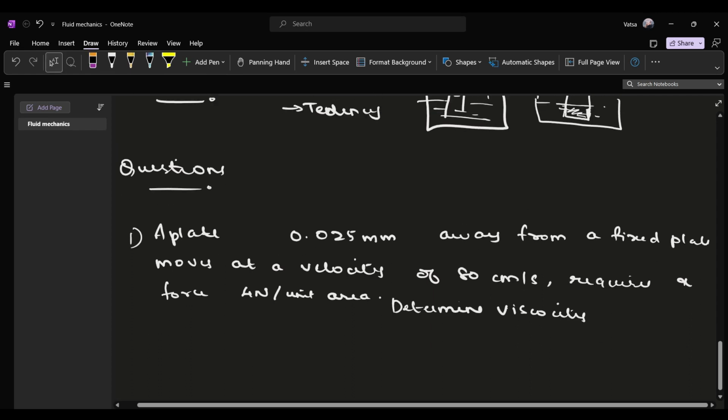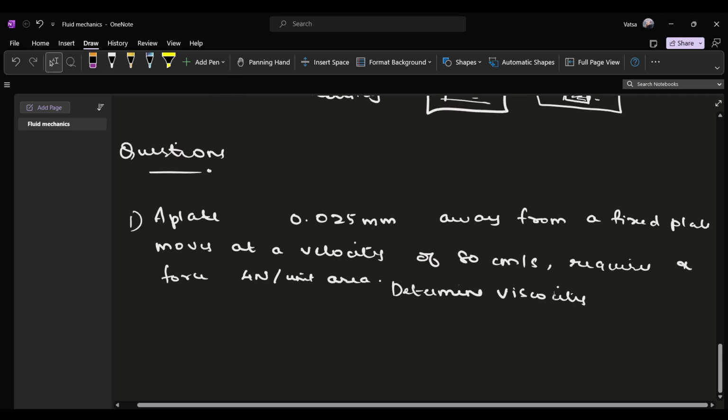So this is the question right here. To answer this question, whatever the question is, we first draw the diagram. So it is like there's one fixed plate and one moving plate. Plate 0.025 millimeter away from the fixed plate.